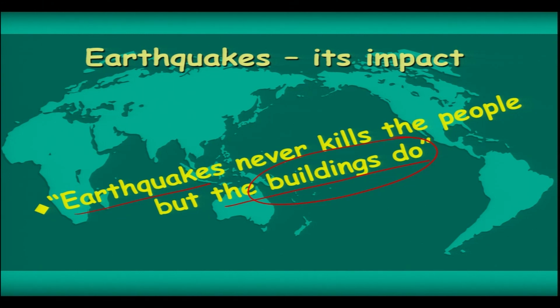So, it is very important and significant for us to locate such locations or regions which are likely to produce earthquakes in the near future. And what will be the magnitude? This will be the question.